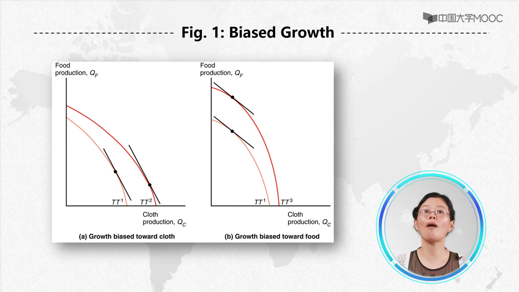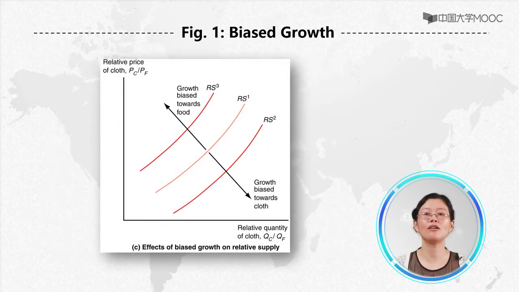Growth biased toward crops will lead to a rise in the output of crops relative to that of food. This change is represented in panel C as the RS curve moves from RS1 to RS2. Similarly, when the growth is biased toward food, the RS curve shifts from RS1 to RS3.